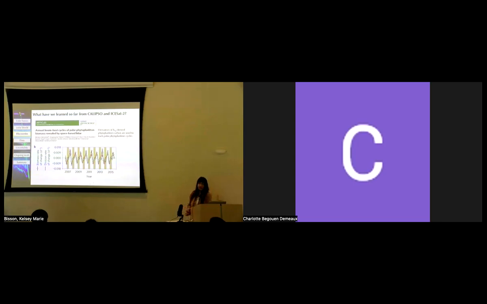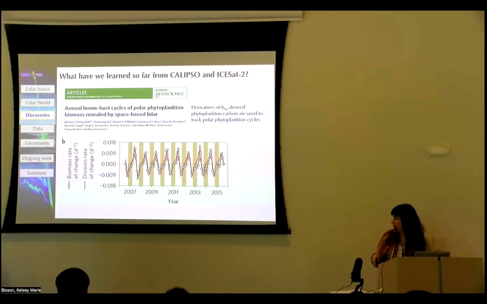Great. Okay. This is another study by Mike looking at polar phenology, and he looked in both the North Polar Zone and the South Polar Zone using Calliope data from its launch until present. When this was published, I think this is a 2016, 2017 paper, he compared how biomass is changing, again with the empirical relationship of BBP to phytoplankton carbon, and then took the derivative of that to see the rate of change, and saw places of blooming and bloom decay in both of these regions.